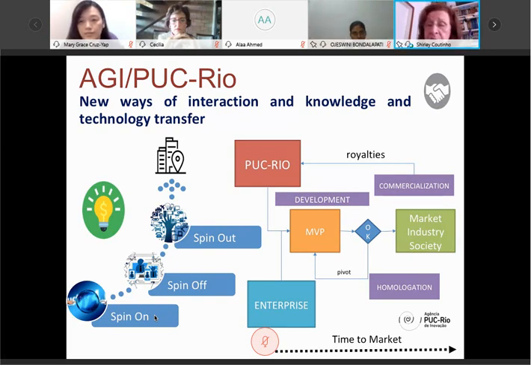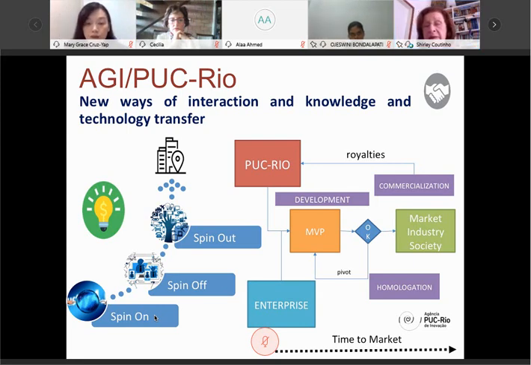to deal with this problem, we are working on a time-to-market kind of contract. The university has the knowledge, the enterprise wants to take it to the market, and we sign a contract where we share the risk and the investment during a period of time.